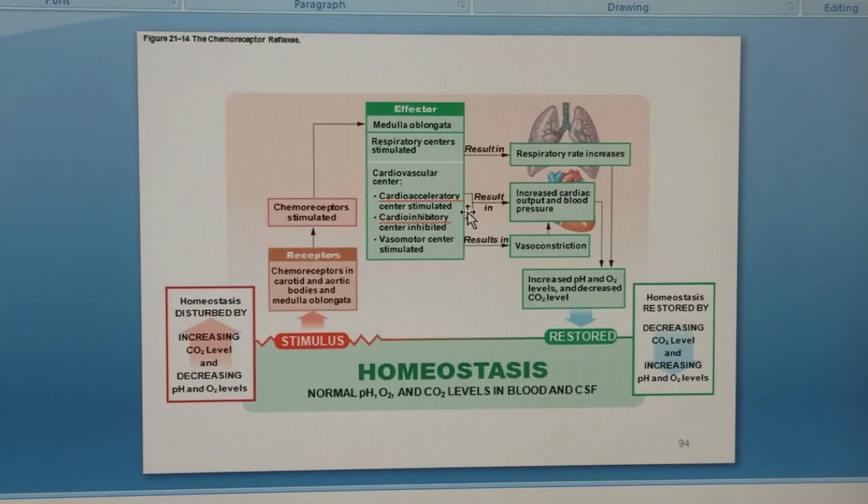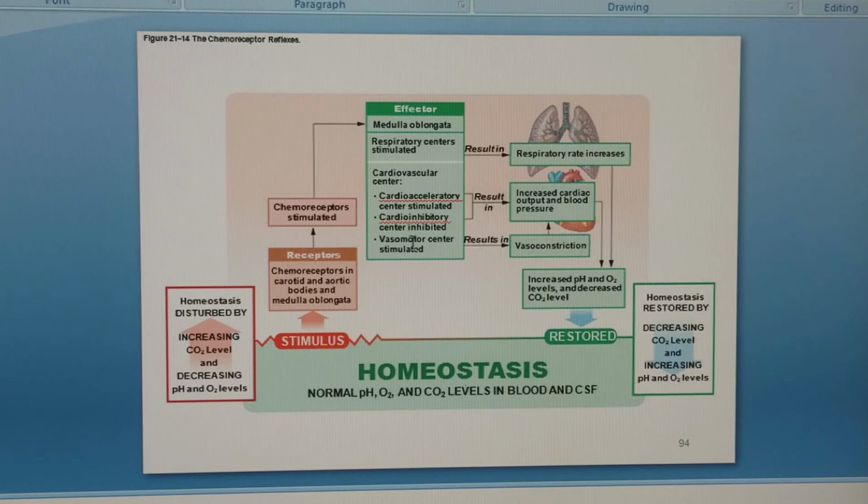So in the chemoreceptor reflex, we have increasing CO2 level and decreasing pH and O2 levels. Not good. We want to stimulate the chemoreceptors. In the medulla oblongata, the respiratory centers are stimulated, resulting in an increased respiratory rate.